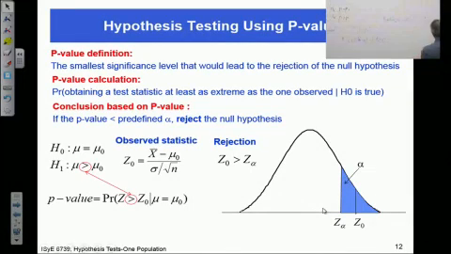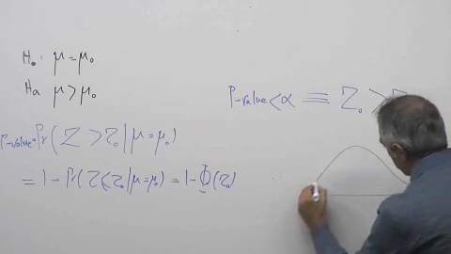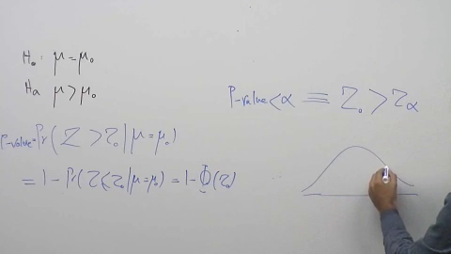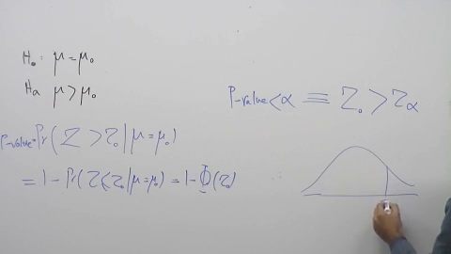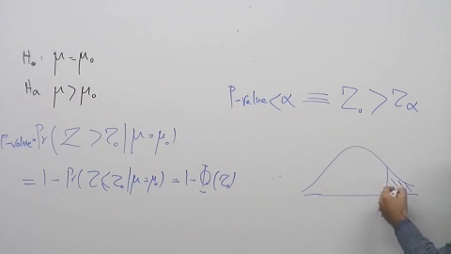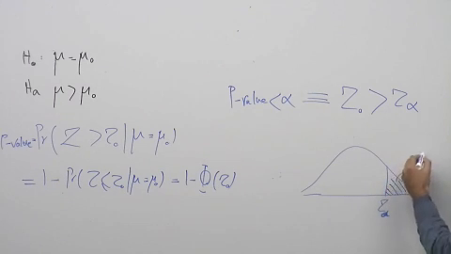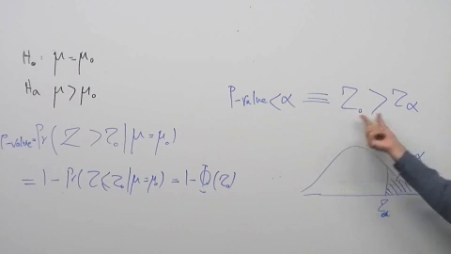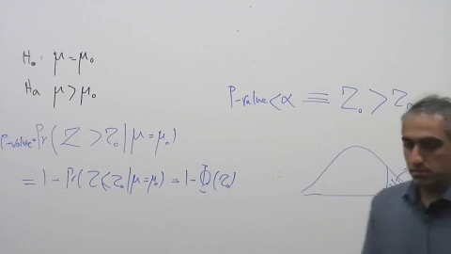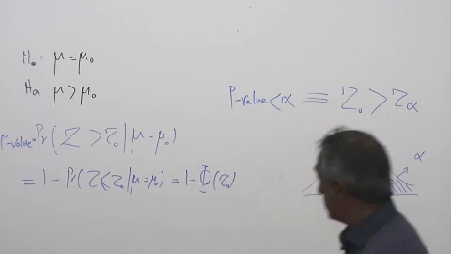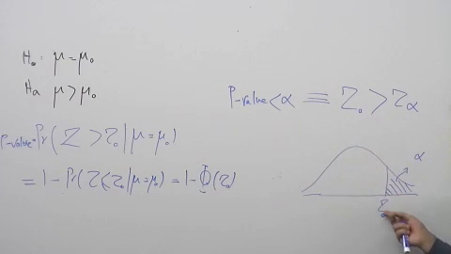So if I want to use this Z distribution, let's call this z alpha. So the probability after this point is alpha. So z0 is greater than z alpha. What does it mean? It means your z0 is on the right side of your z alpha. Does it make sense? Your z0 is on the right side because z0 is greater than z alpha.